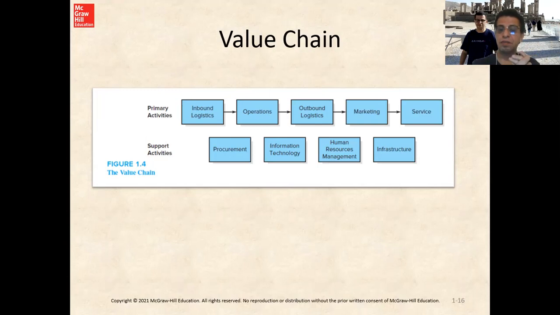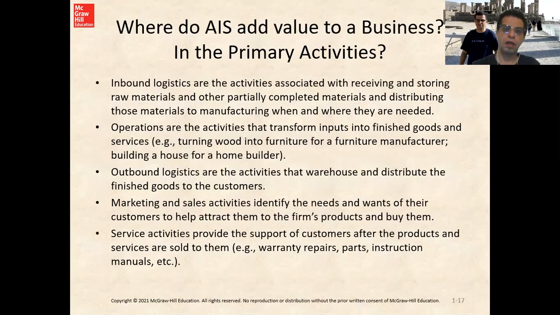The support activities could be procurement, the information technology department, human resources, and the infrastructure. These are support activities. Now, where does an AIS, accounting information system, add value to the business?